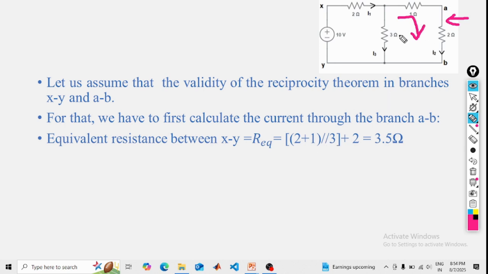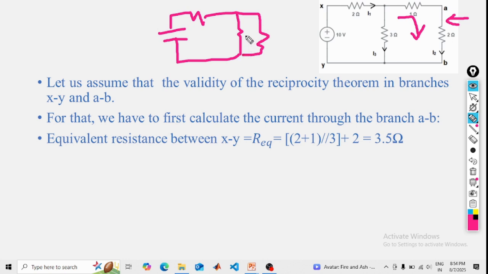After that, 3 is in parallel. Now the circuit diagram will be like this. This is 2, this is 3. Now this 3 and these 3 are both in parallel, then in series with this. So 2 plus (1 parallel 3) plus 2, and the answer will be 3.5 ohm. Clear?